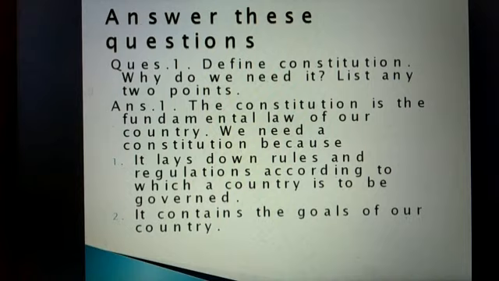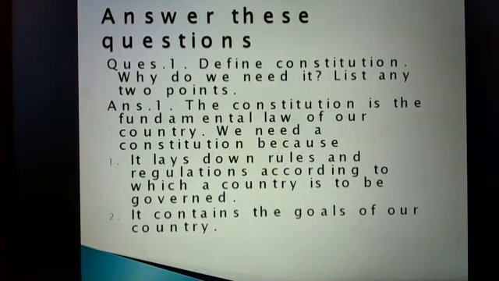We need a constitution because it lays down rules and regulations according to which a country is to be governed. Second point, it contains the goals of our country.